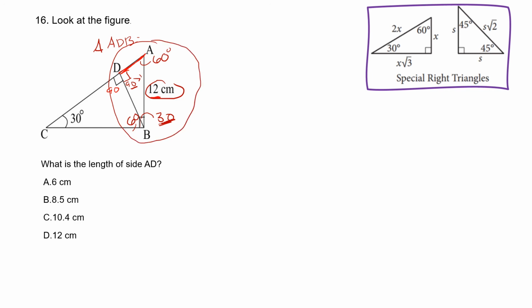If that 12 is the hypotenuse, I could find AD, because AD would be the shorter side. And I know that that is the shorter side because I have this 30 degree angle, and opposite that 30 degree angle would be the shortest side. So my hypotenuse is 12. That would make AD 6, because it would be half of my hypotenuse. So I have found the length of side AD.